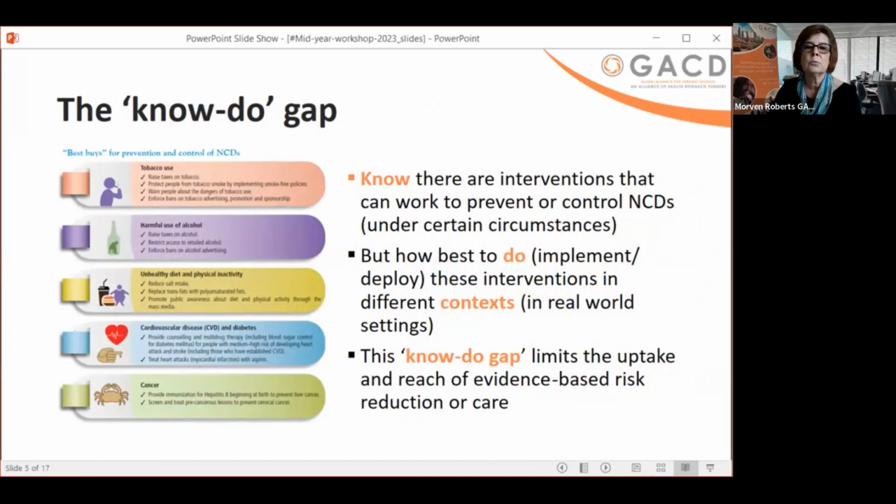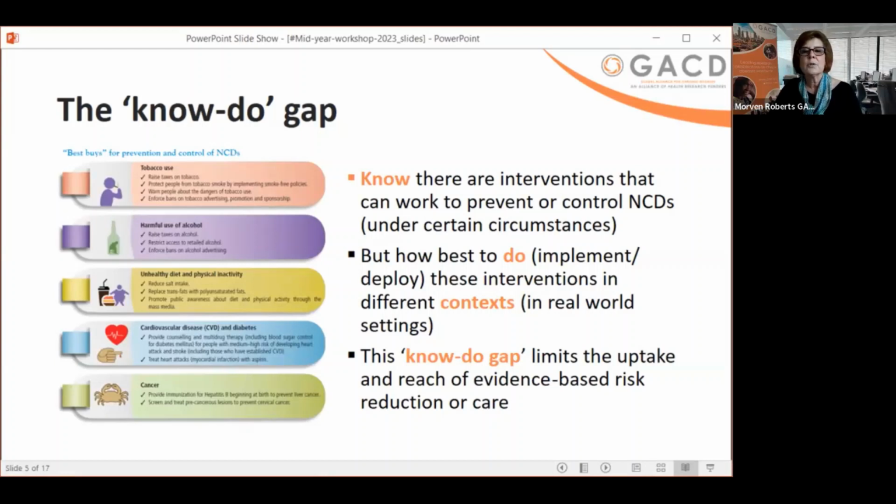And these fall within the WHO best buys. But most of these interventions and strategies are built on evidence from high-income countries, where the situation may be quite different to that in many low and middle-income countries and resource-constrained environments. And for that reason, nations very often need context-specific global research to inform their own policies and practices.